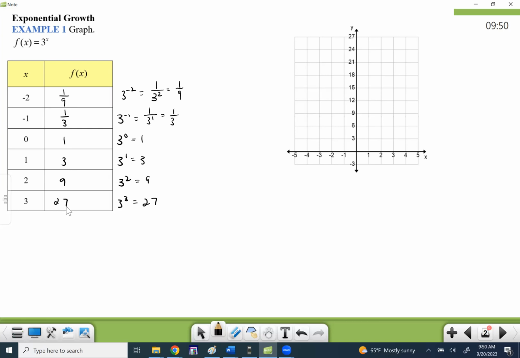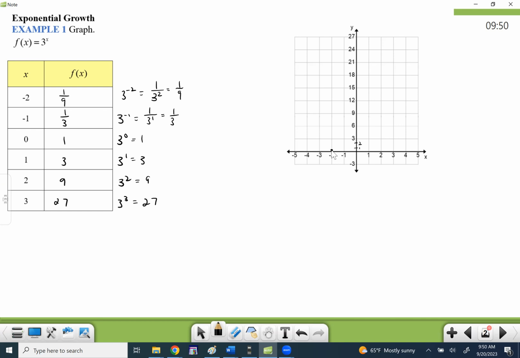All right, we're going to graph these points. And it's me kind of sketching it because, you know, no one's going to know really if I'm at 1/9. Now keep in mind the y-axis here is counting by 3. So like 1 might be right here, 2 might be right here. I just want to make sure we keep that in mind. So when I go to -2 for the x and 1/9 for the y, it's going to be so small that you really can't even tell.